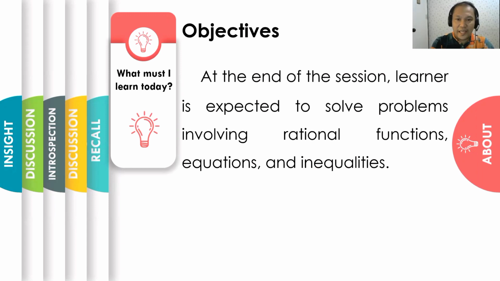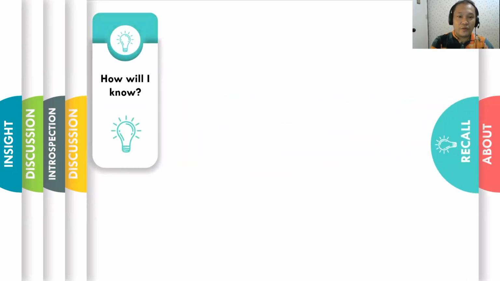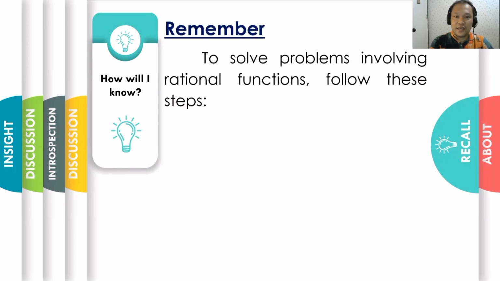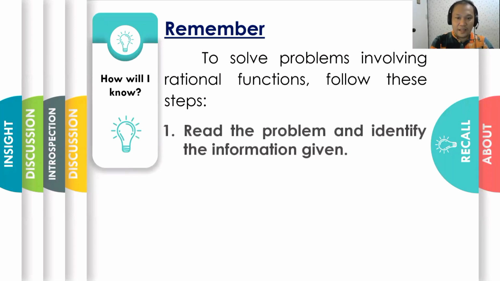To guide us in solving word problems, these are the recommended suggestions. To solve problems involving rational functions, the following steps were provided. Number one, read the problem and identify the information given in the problem.